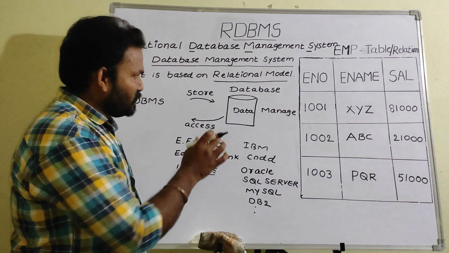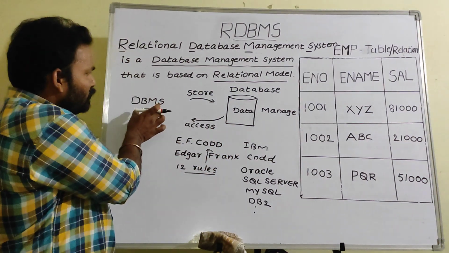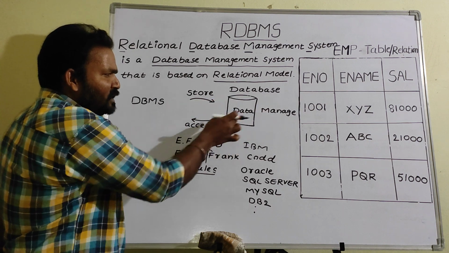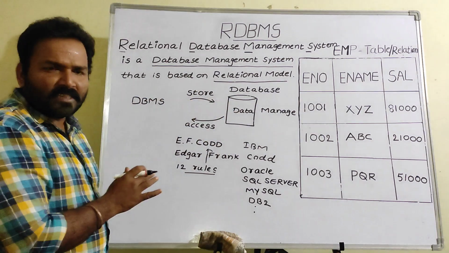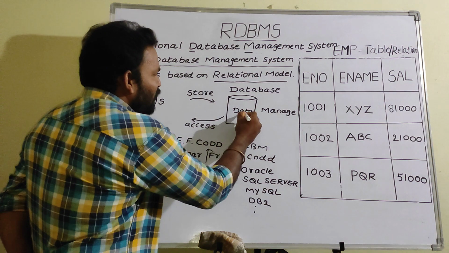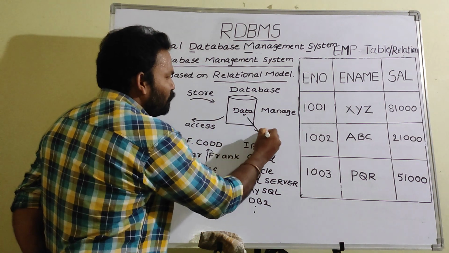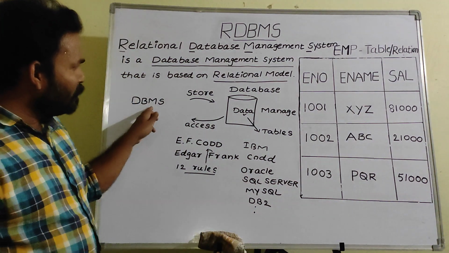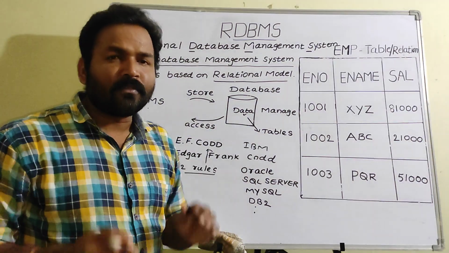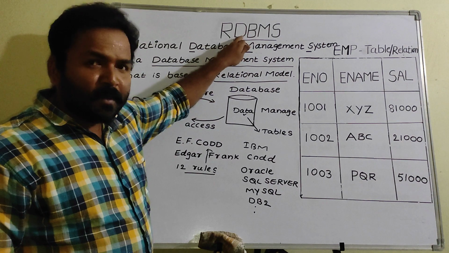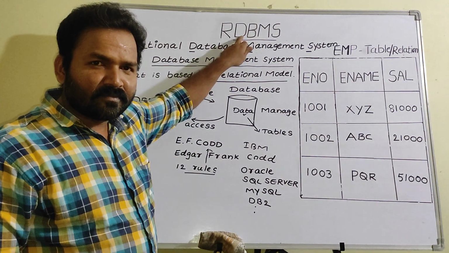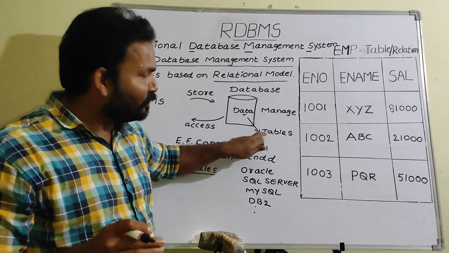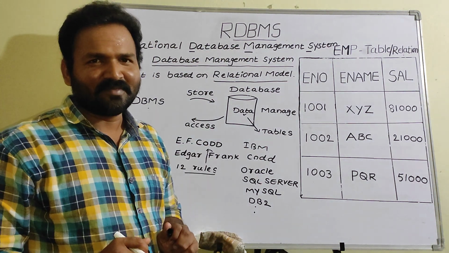So DBMS, just before I said, is used to store, manage, and access the data from database. In DBMS, the data will be stored in the form of tables. In RDBMS, data is stored in the form of related tables.